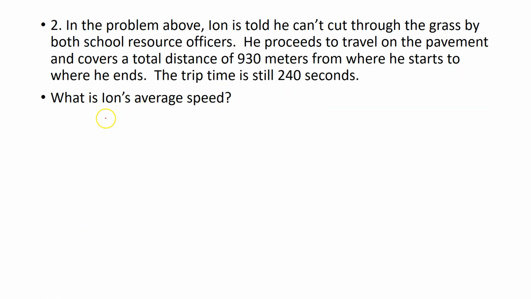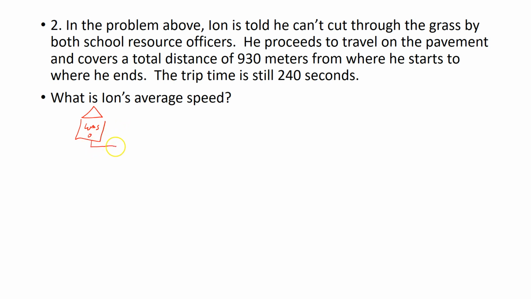In that same problem, so in number 1, Ion is told he can't cut through the grass by the school resource officers. So he actually has to travel on the road. So here we go again. Here is the middle school, WMS. It is at 0. And he travels on the pavement this time.